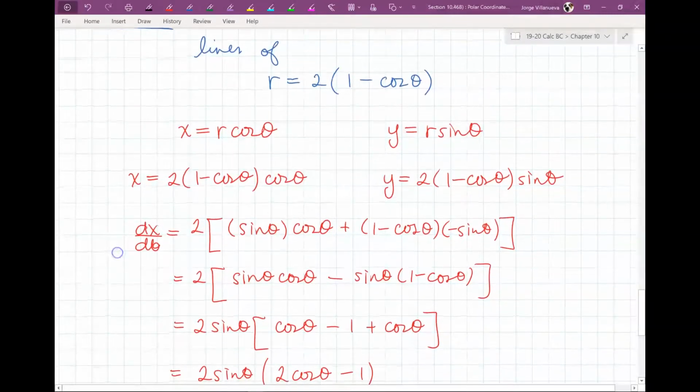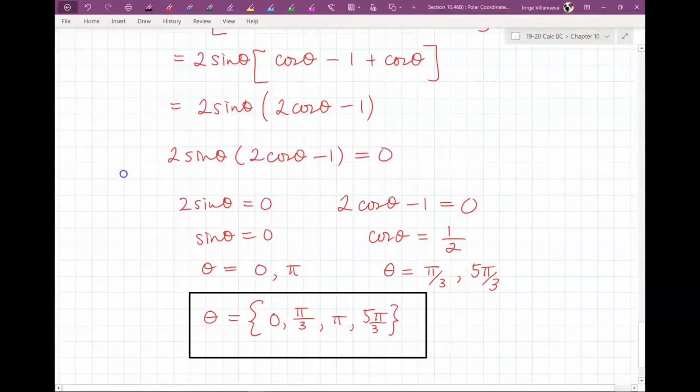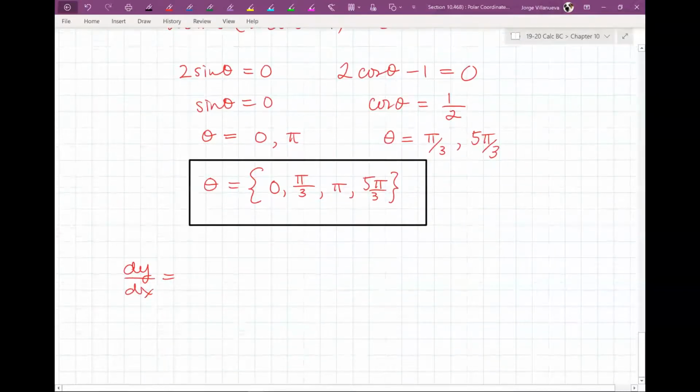I'm going to do this the exact same way that I did the previous problem. I'm going to use the product rule, okay? So I'm going to take out a 2. Now the derivative of 1 minus cosine theta is going to be sine theta times sine theta, right?